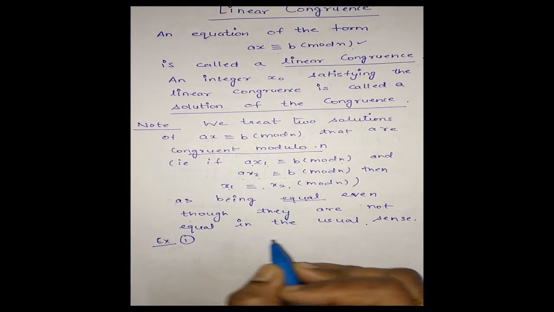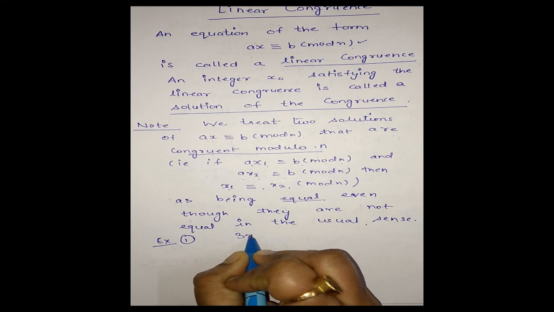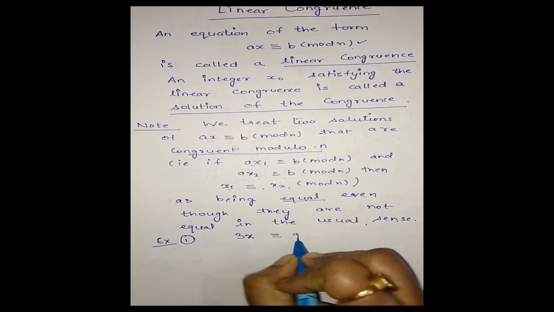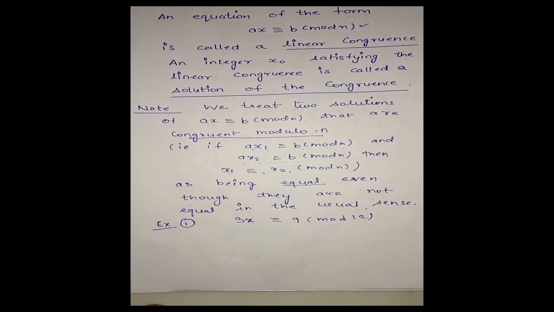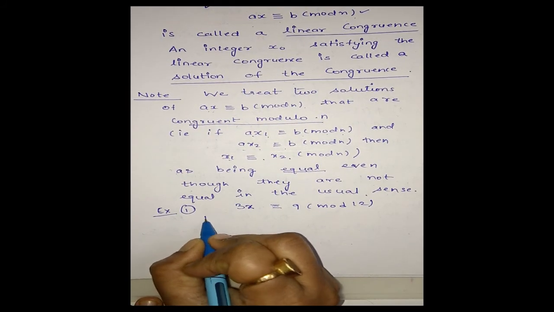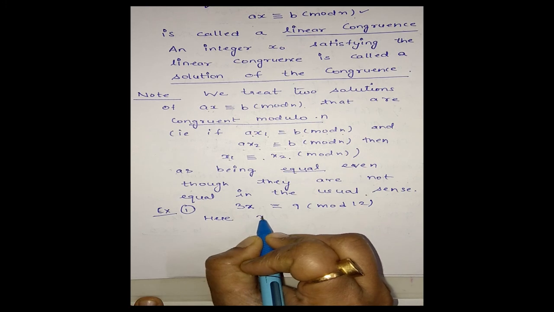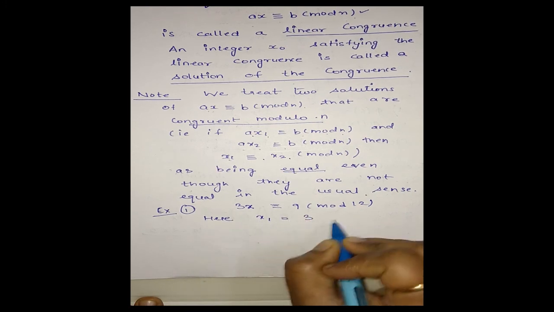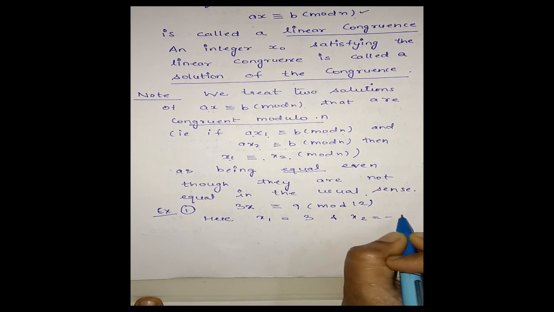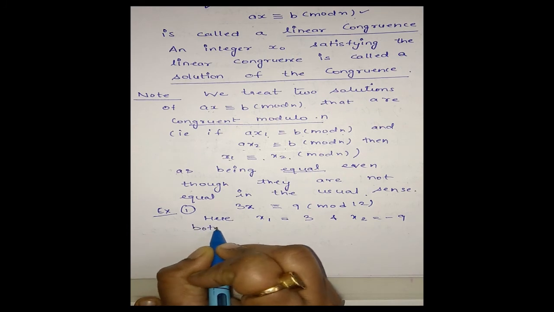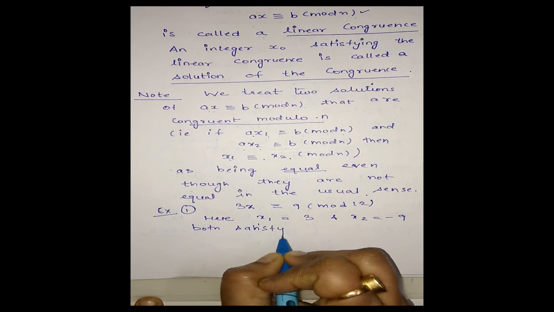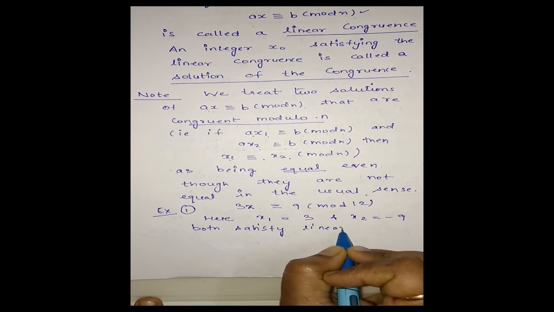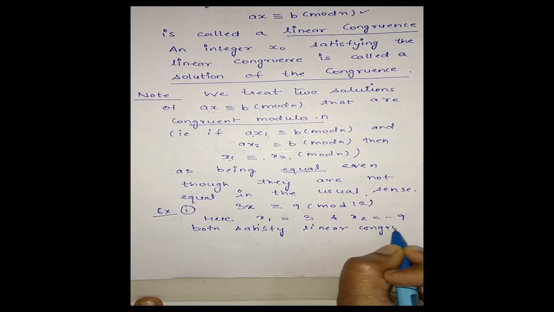Consider the linear congruence 3x is congruent to 9 modulo 12. Here x1 is equal to 3 and x2 is equal to minus 9. Both satisfy this linear congruence.